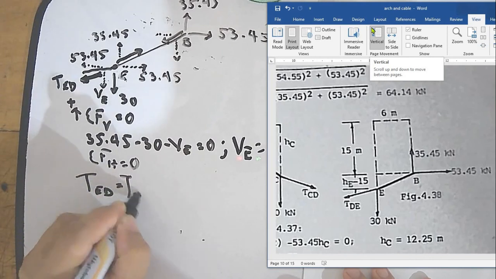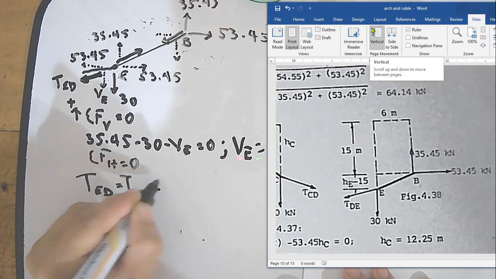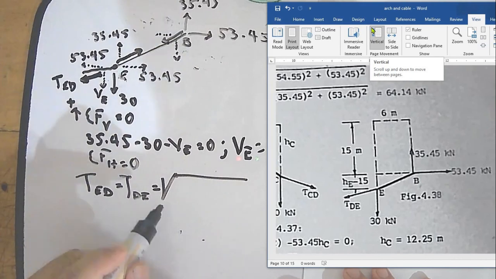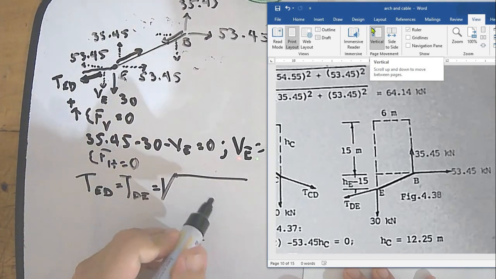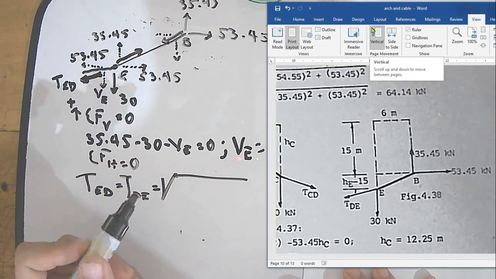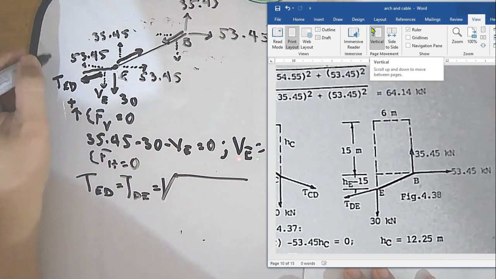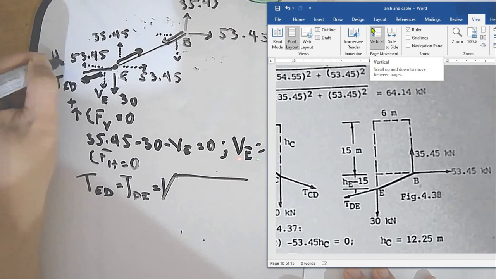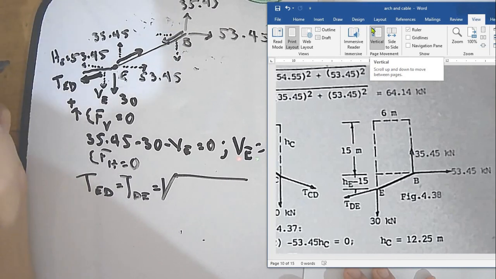Okay? Tension DE, parehas lang yan. And that is equal to the square root of VE squared plus HE squared. Okay. By the way, ito yung horizontal at point E. Okay?